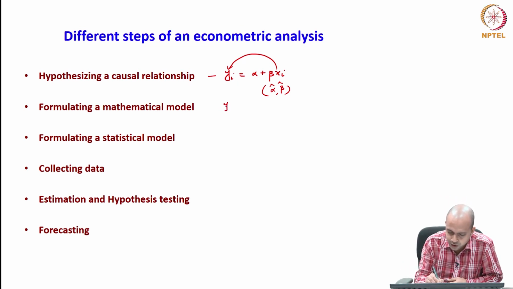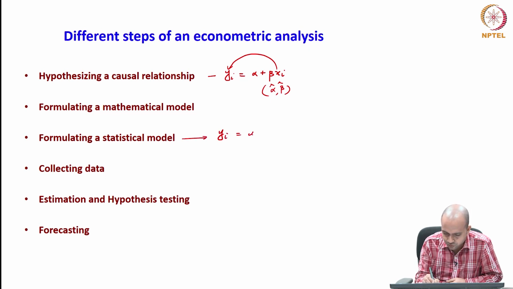And how do you do that? Y equals alpha plus beta x is the mathematical model, then the statistical model would be yi equals alpha plus beta xi plus ui.